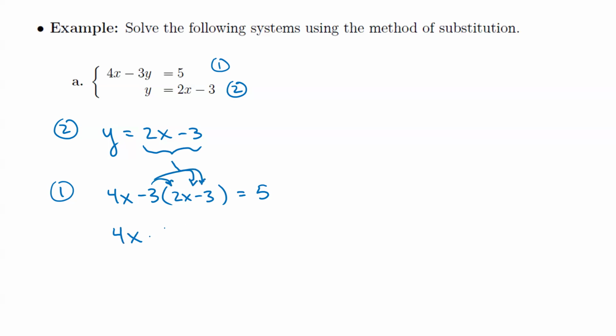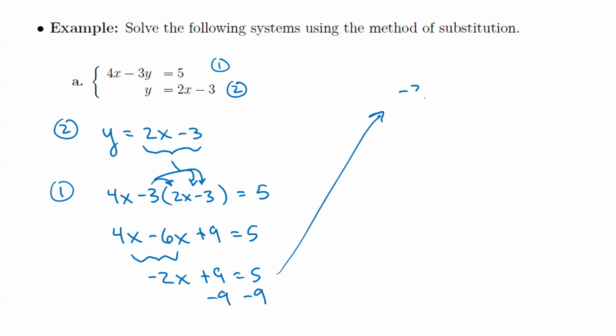So negative 6x plus 9 is equal to 5. So negative 2x plus 9 equals 5. So negative 2x is negative 4.